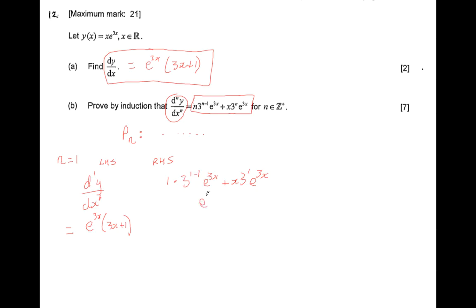This is like e to the 3x here, plus 3x e to the 3x, which clearly is exactly the same expression as the left-hand side, which we got from part A. And so this is true for n equals 1. Okay, so that's really important that you actually compare left-hand side and right-hand side for that.